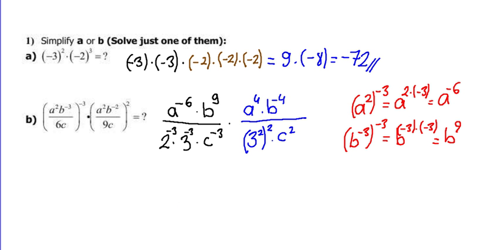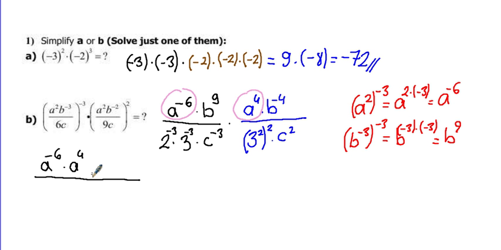If we continue, this is multiplication, so I just show all the terms on numerator and on denominator. We have these like terms. Here we have a to the power of minus 6 and a to the power of 4. What does it make? Let's write them together first: a to the power of minus 6 times a to the power of 4.